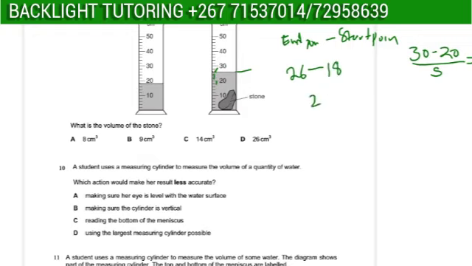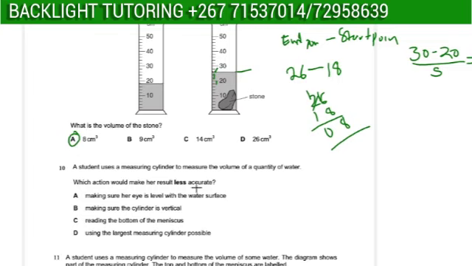So you're going to say 26 minus 18, and that will be 8. So the difference is 8. So question 9 will give us A. A is the best answer.